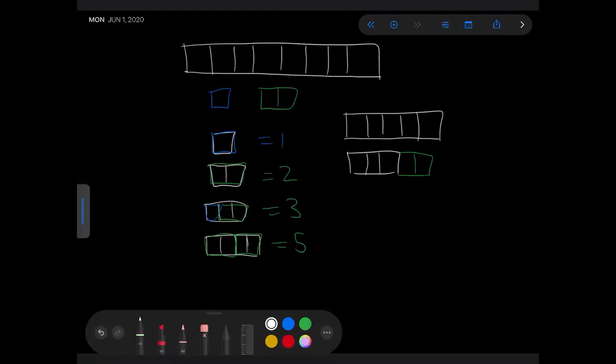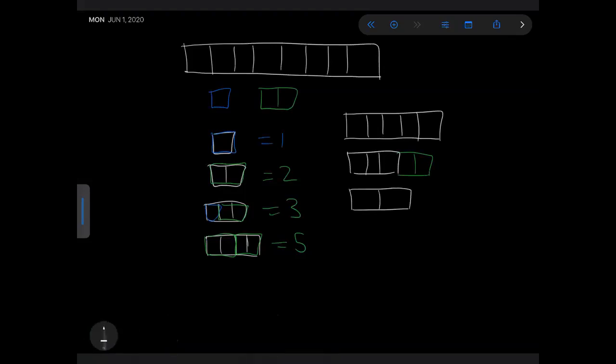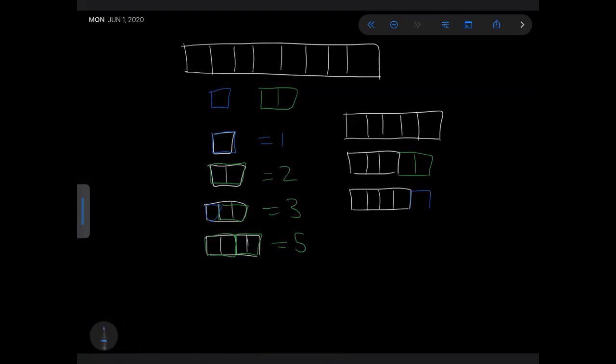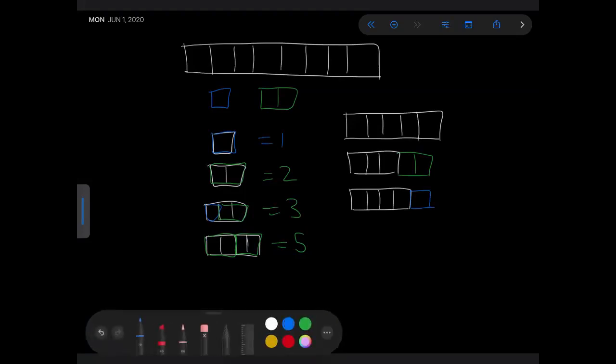Or you can take a block of length 4 and add a 1 by 1 block in front of it. And those are the only ways you can create a block of length 5. Every single way you can create a length 5 block is embedded in these two cases.